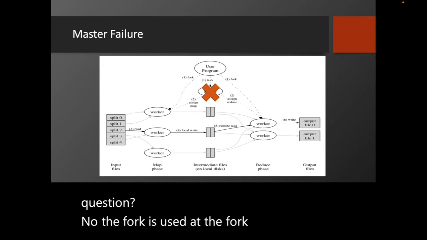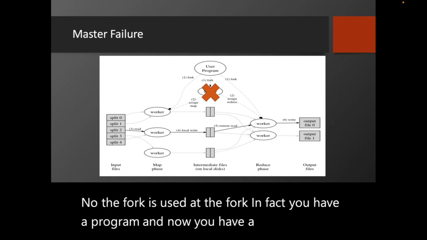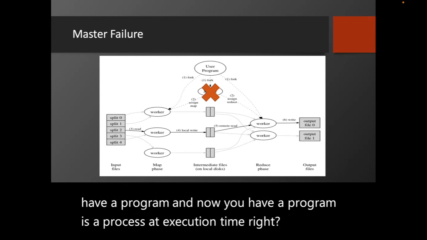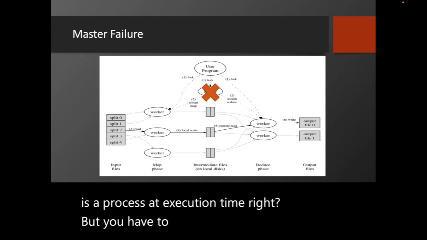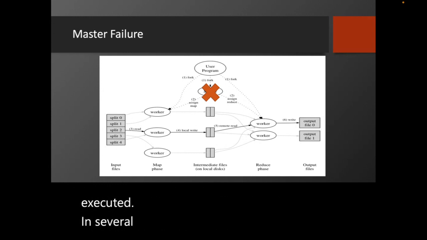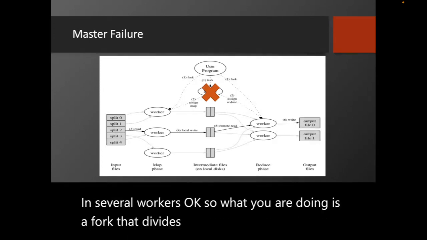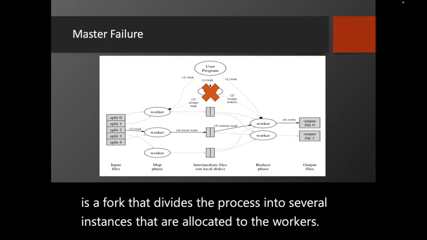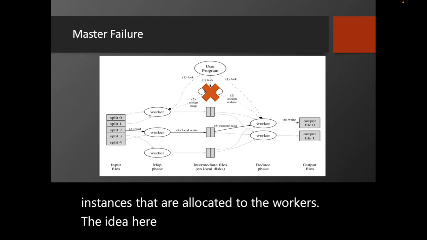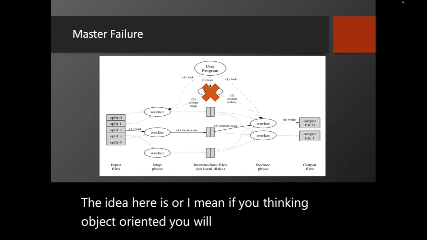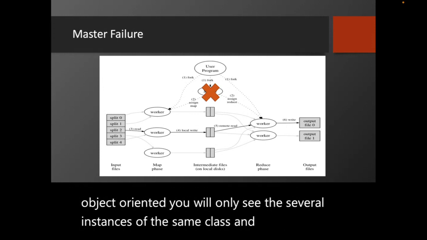In fact, you have a program, and a program is a process at execution time. But you want the same program to be executed in several workers. So what you are doing is a fork that divides the process into several instances that are allocated to the workers. If you think in object oriented terms, you will only see several instances of the same class, and these instances are allocated to the workers.